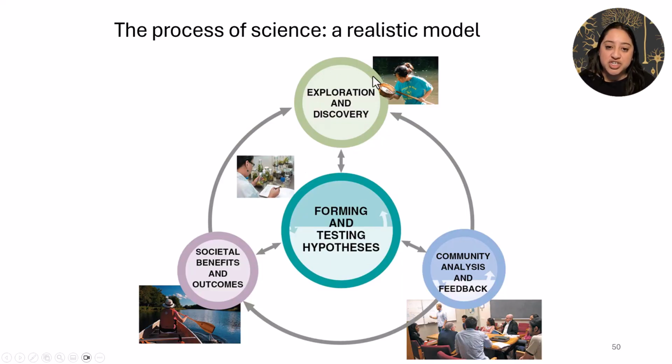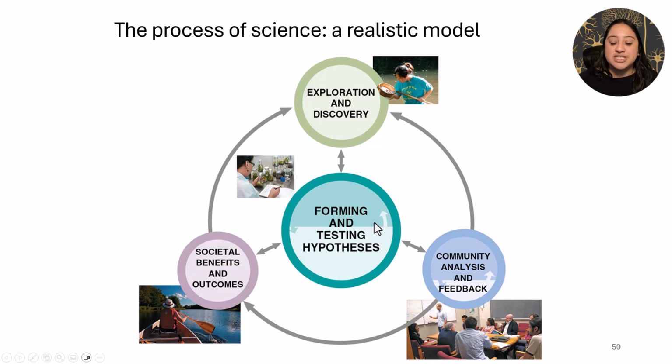Exploration and discovery is kind of the same as observations. And that might lead to forming and testing hypotheses. But in doing that, you might have different things interact with these hypotheses and make you revise your hypothesis or revise your experiment.